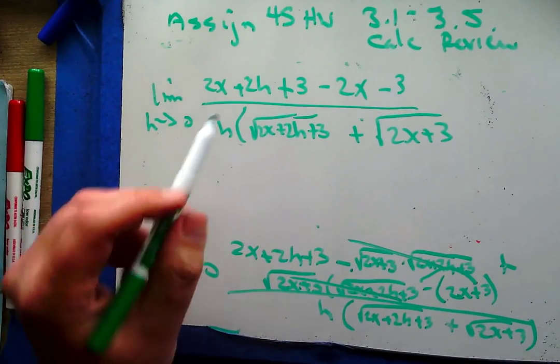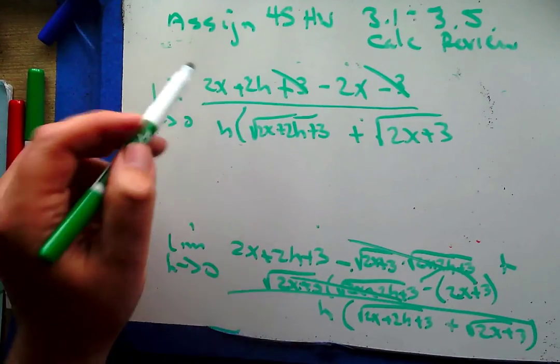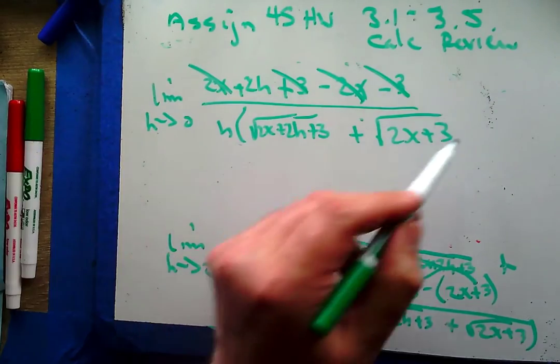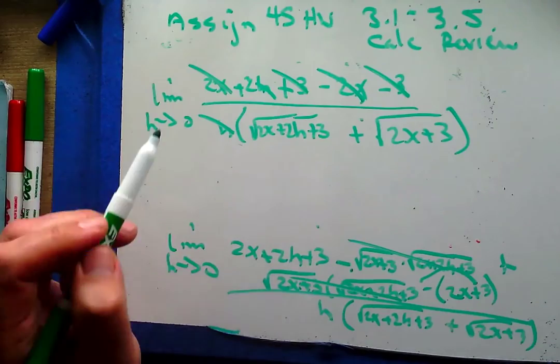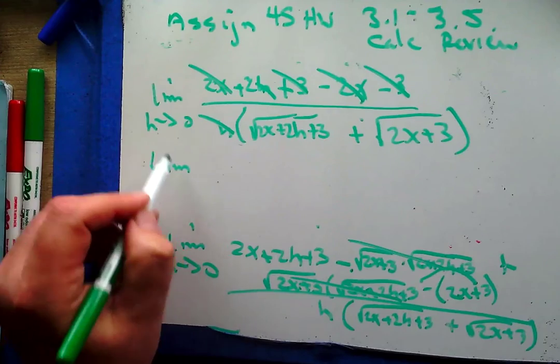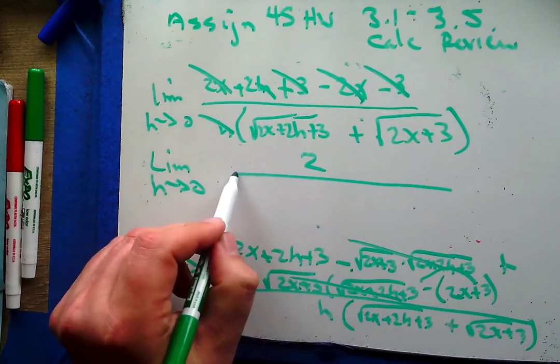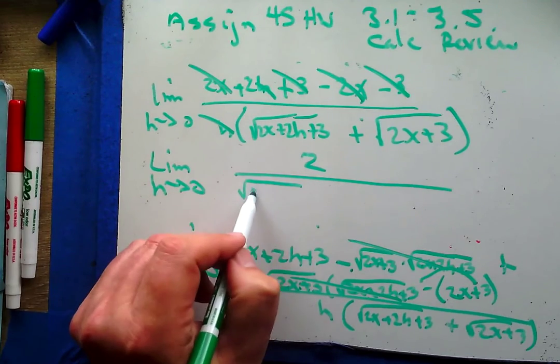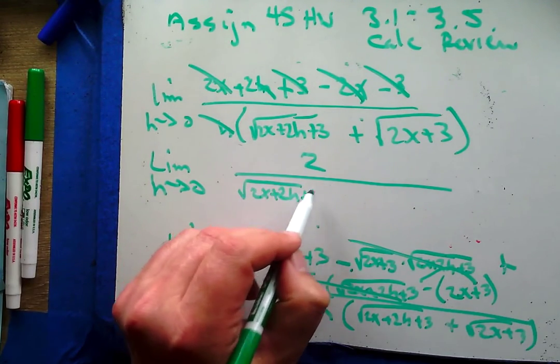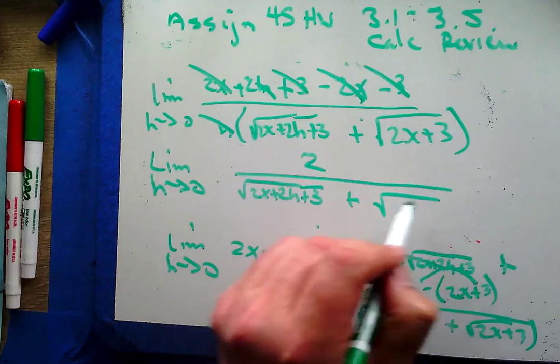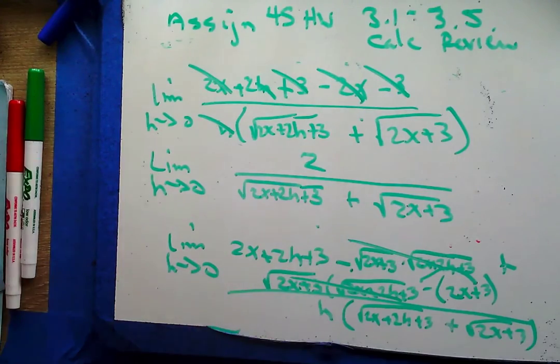Okay, I can combine some like terms. And this h can cancel that h. So now I've got the limit as h heads to 0 of 2 on top, and on the bottom, square root of 2x plus 2h plus 3 plus square root 2x plus 3.